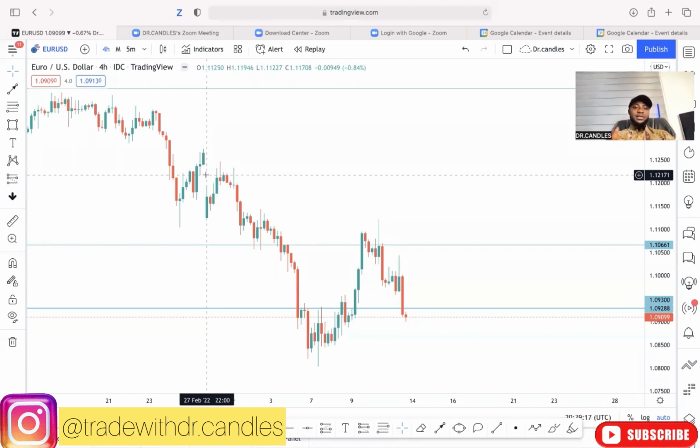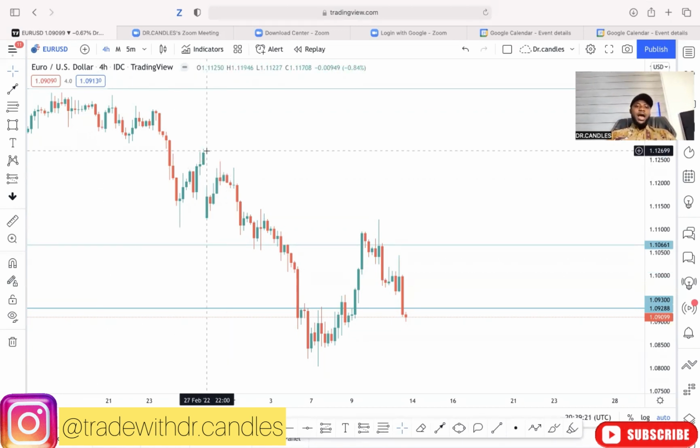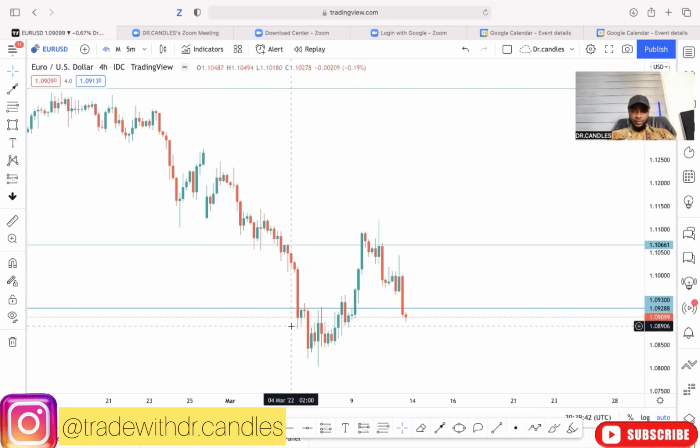Now, the first method is that whenever there is a break in the continuity of the chart, and the market drops suddenly, creating a gap like this, it is always believed that the market will definitely come back to fill at least halfway of the gap before dropping.